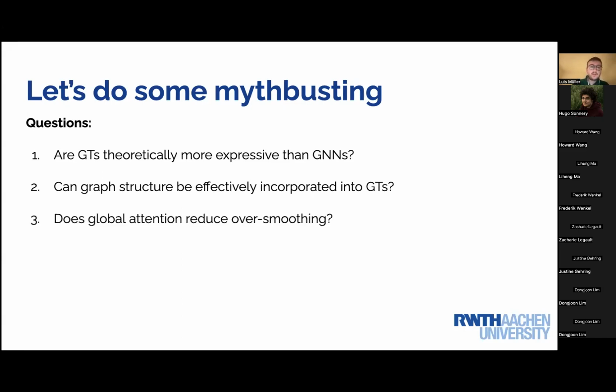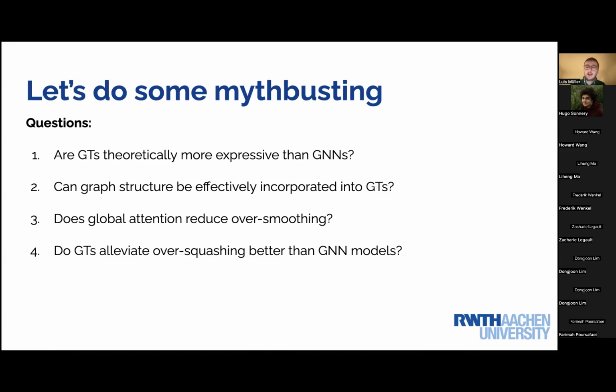The third question is, does the global attention reduce oversmoothing? So that's the first one, and the second one is then, can they help with oversquashing? At least better than GNN models.